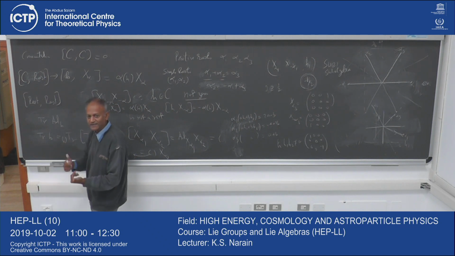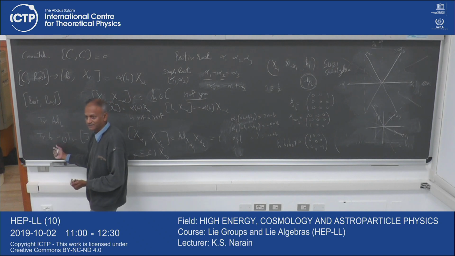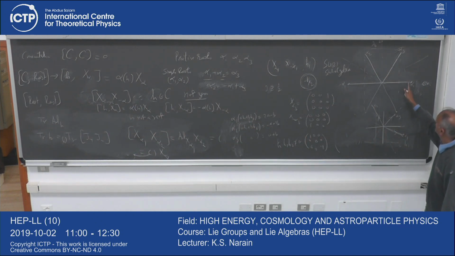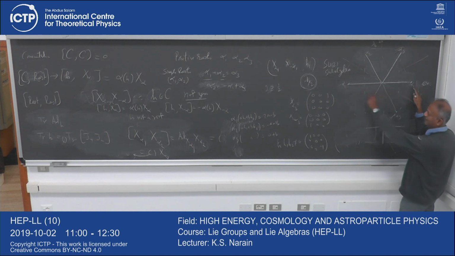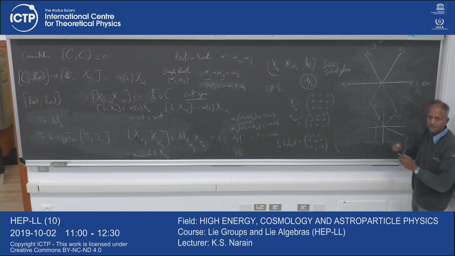So both H1, H2 or any combination of H1 and H2 will be traceless in any representation. That is because these eigenvalues are these guys. So the sum of all of these must be 0. This still doesn't tell you that for every alpha there should be minus alpha, but it does tell you that the sum of all these root vectors must vanish.